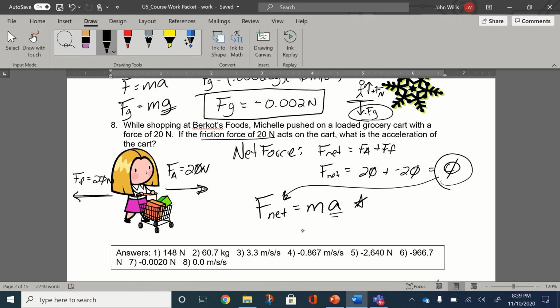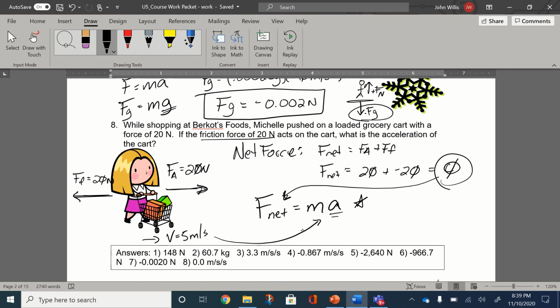If this cart had an initial velocity of 5 meters per second, what Newton's first law really says isn't just that things that aren't moving are going to remain not moving forever unless an outside net force comes along and nudges it. It's also saying that any object that is already moving will continue moving at that speed forever until an outside unbalanced net force comes along.